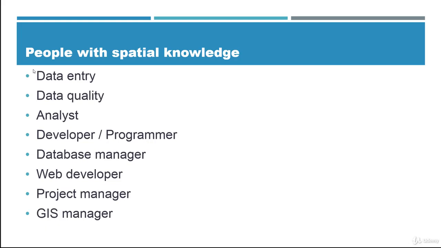Some of the GIS job positions can include data entry, data quality, GIS analyst, developer or GIS programmer, database manager, web developer, project manager, and GIS manager, and so on. These are some of the job positions that a GIS person is offered.